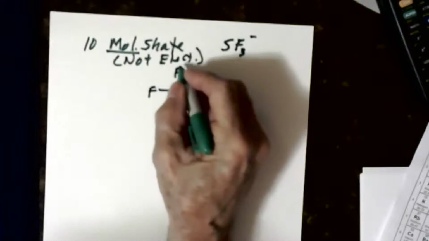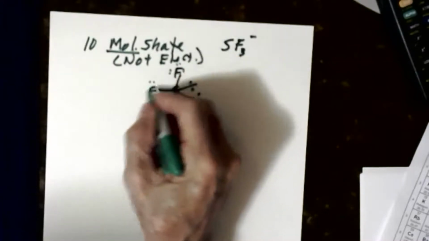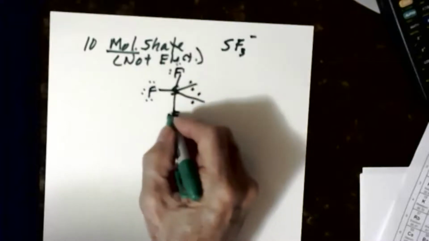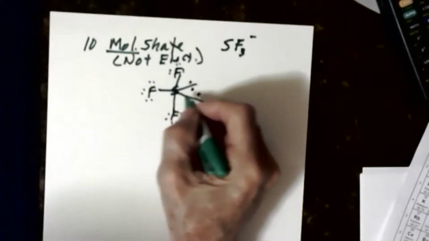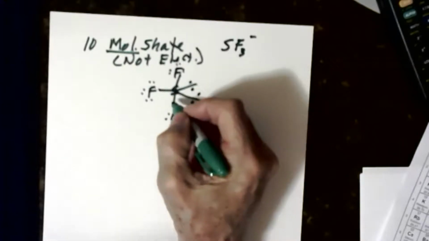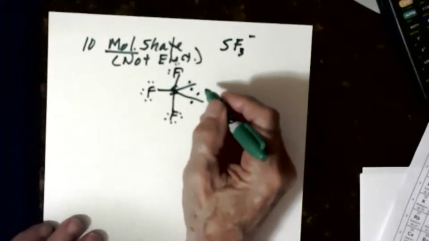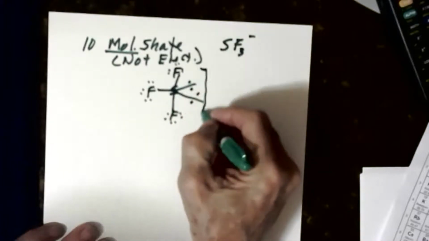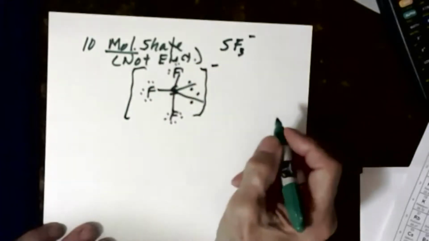Now, I've not been putting the lone pairs on the other atoms, but you can do it if you want to. Right now, it doesn't matter for the question at hand, but you do understand you've got to have 8 electrons around all of these other atoms. And this middle atom is going to have 10 around it because it's not an octet rule structure. And this is a -1 ion. I could keep reminding myself of that.